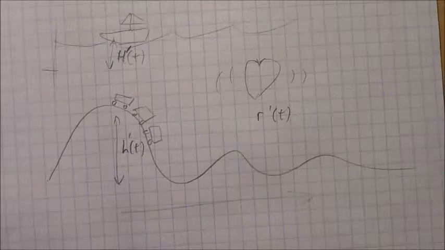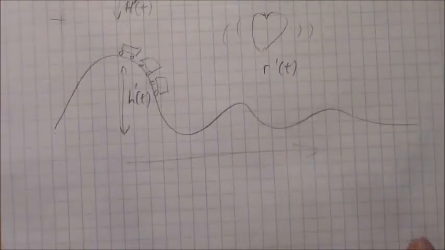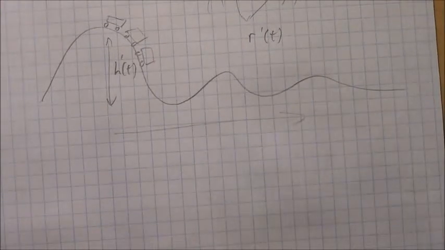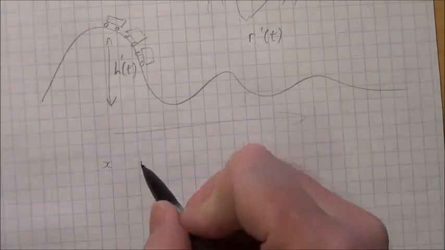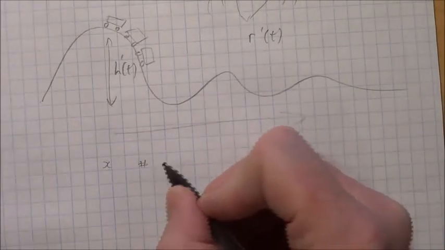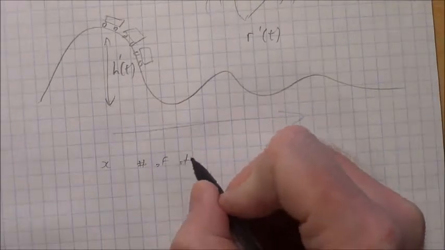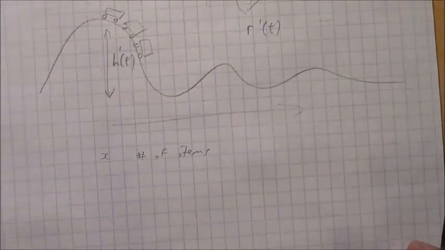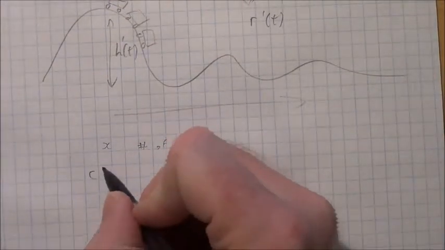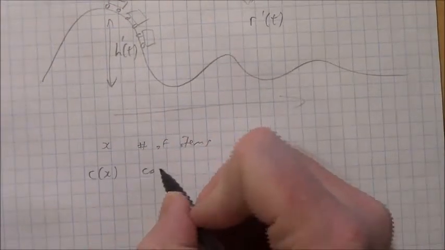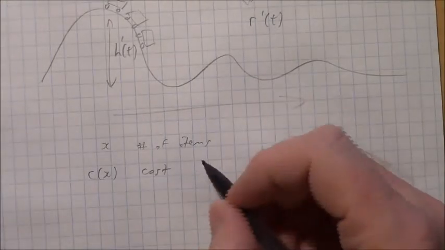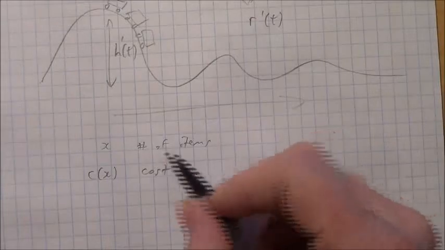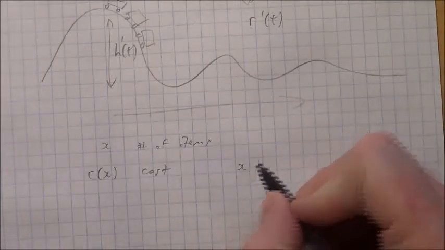There are also business applications that we look at, and the basic business models. We look at x as the number of items produced. We look at C of x as the cost of producing the x items.